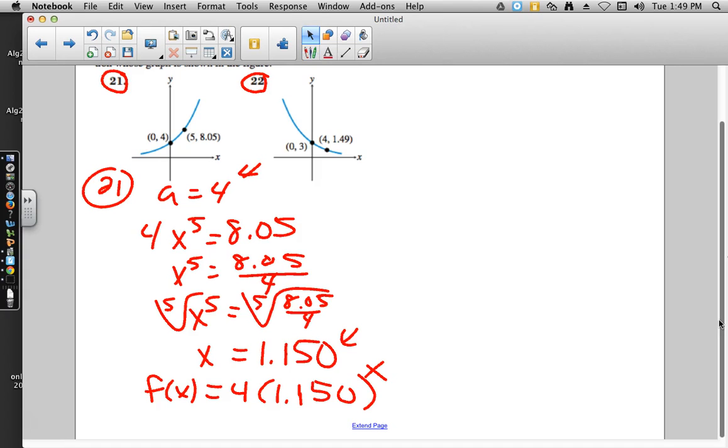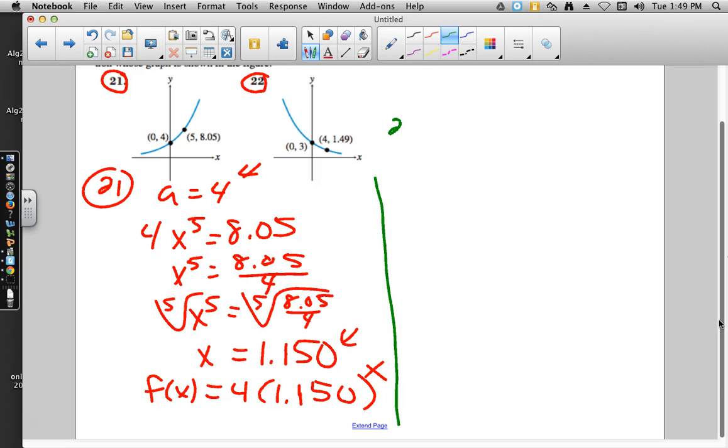Same principle, I should say, in number 22. So for number 22, I noticed that my a value is going to be 3 because it's 0, 3. That's the initial value. But this time, to go from 0, 3 to 4, 1.49, from 0 to 4 means they multiplied by the same number 4 times in order for this to happen.